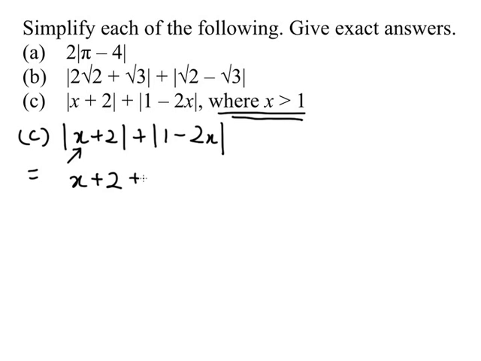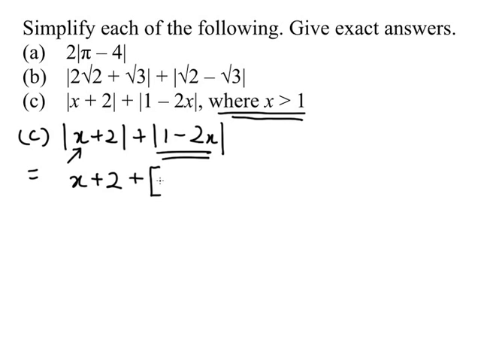But on this side, when x is more than 1, that 2x becomes larger than 2, and when we subtract a value larger than 1 from 1, we will get a negative value. So what we get is this.